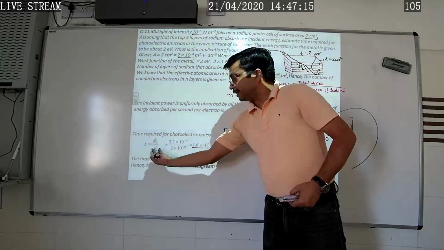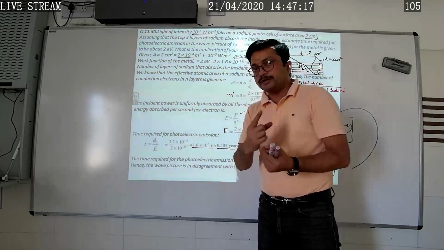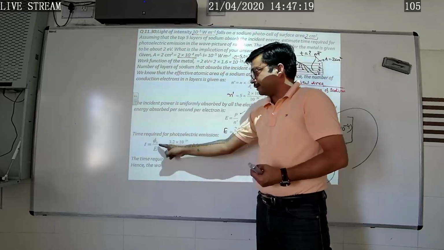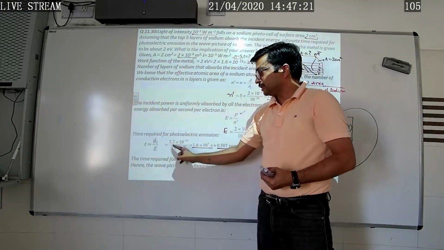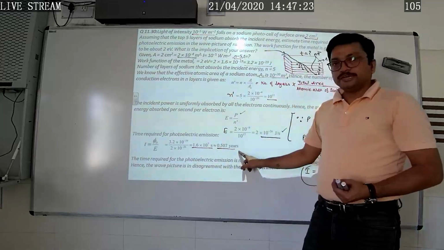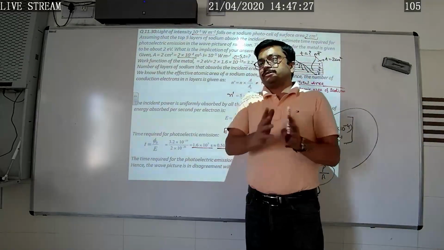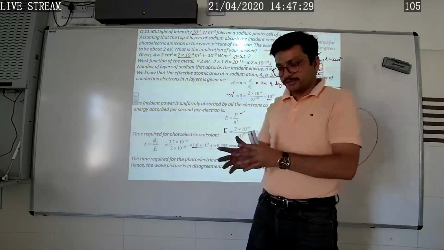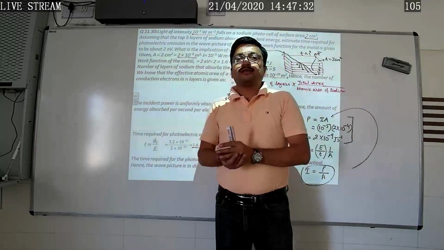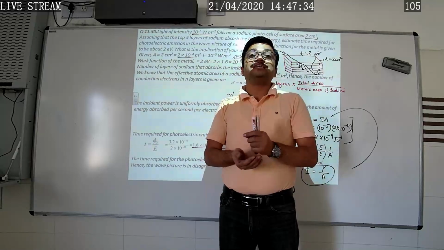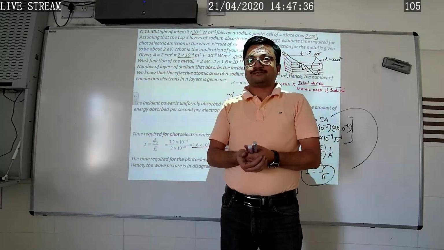Total energy divided by energy absorbed by 1 electron in 1 second. So we divide and get this much in years. Near about half a year is required, and this is the contradiction of the law of photoelectric emission, which states that photoelectric emission is an instantaneous process.